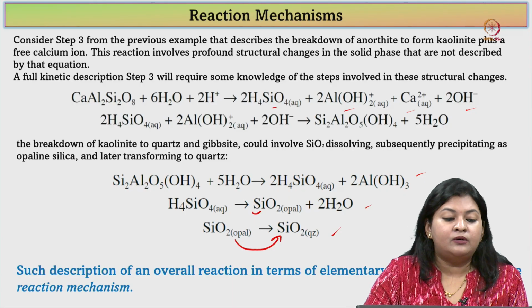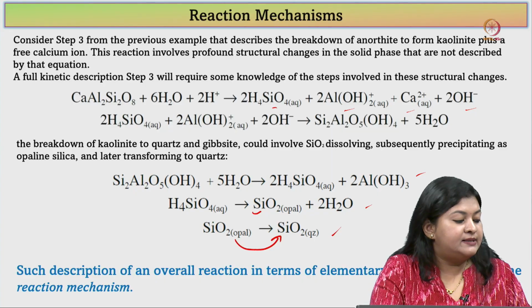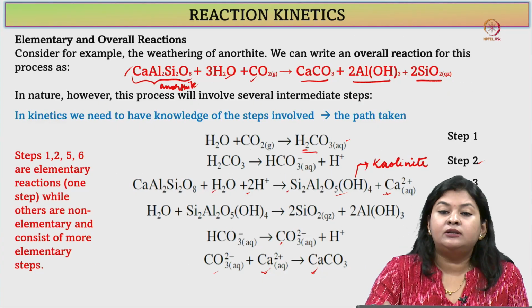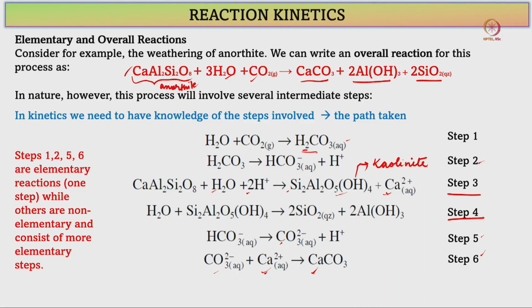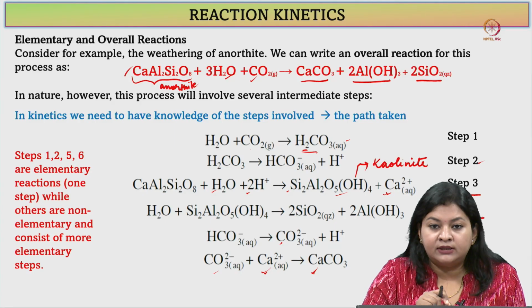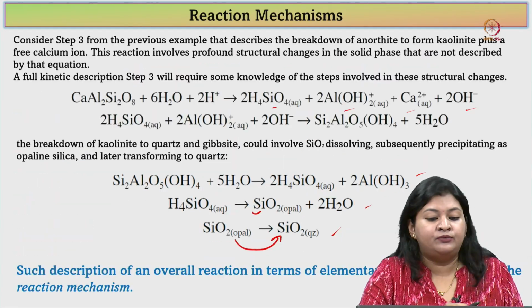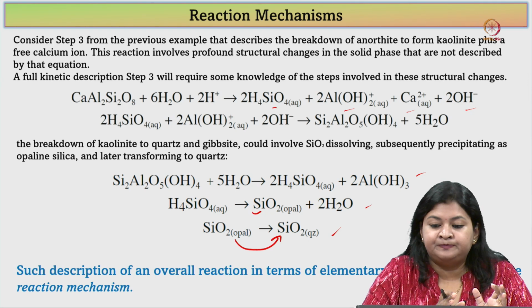So, from that simple one reaction you see we could derive another 10 reactions, and kinetics is to understand all these reactions even more in detail. So, we are going to see structural changes.